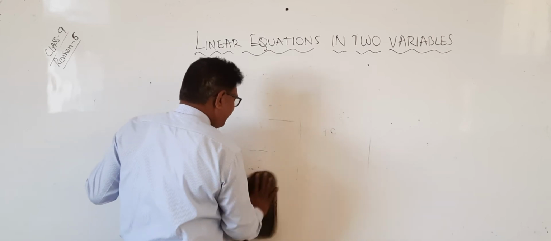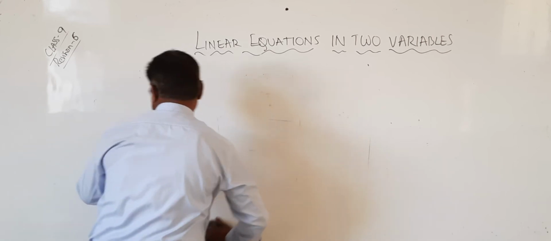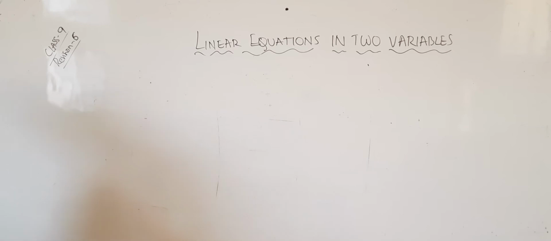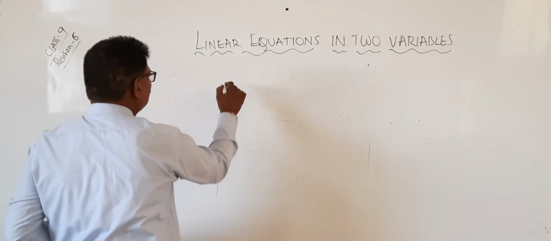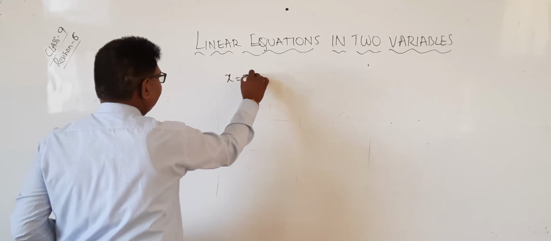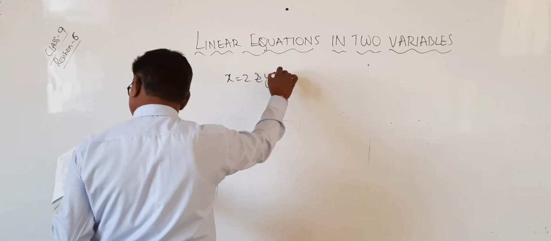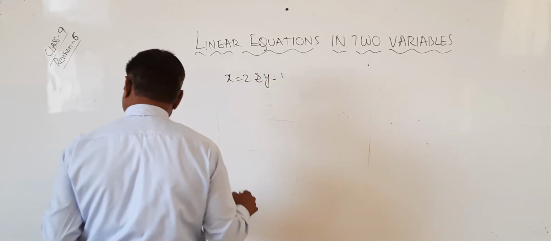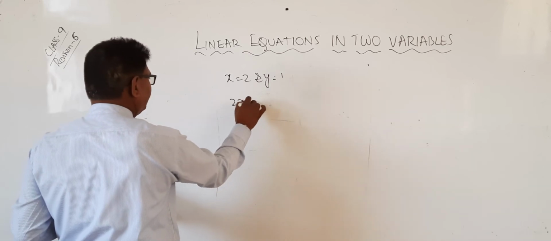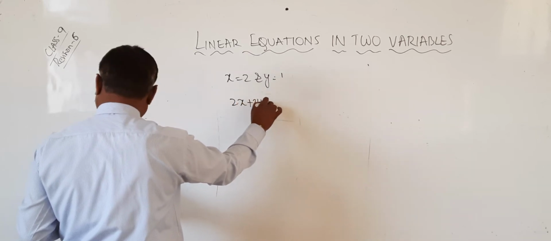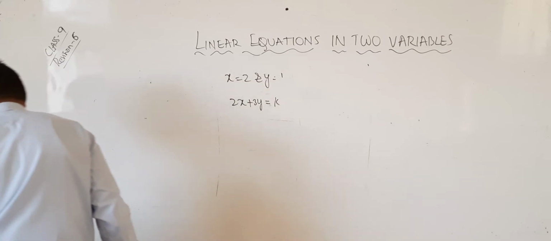Find the value of k if x equal to 2 and y equal to 1 is a solution of 2x plus 3y equal to k.